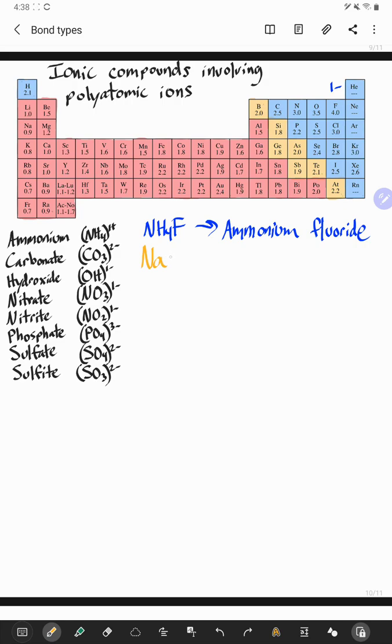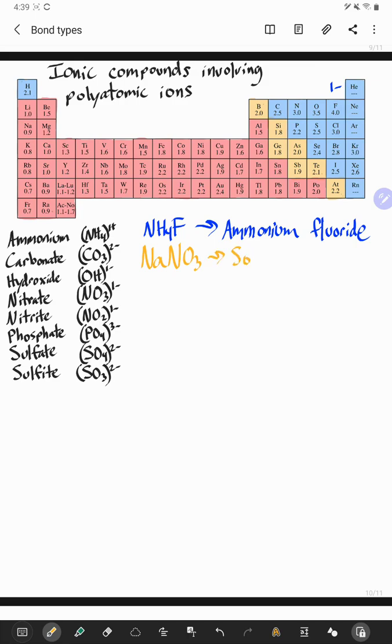So we can do whatever method we want to figure out how many sodiums we need and how many nitrates we need, that being covered in the previous videos. But we can see that with a positive 1 charge and a negative 1 charge, they're going to cancel, and we only need 1 of each. So we get NaNO3.